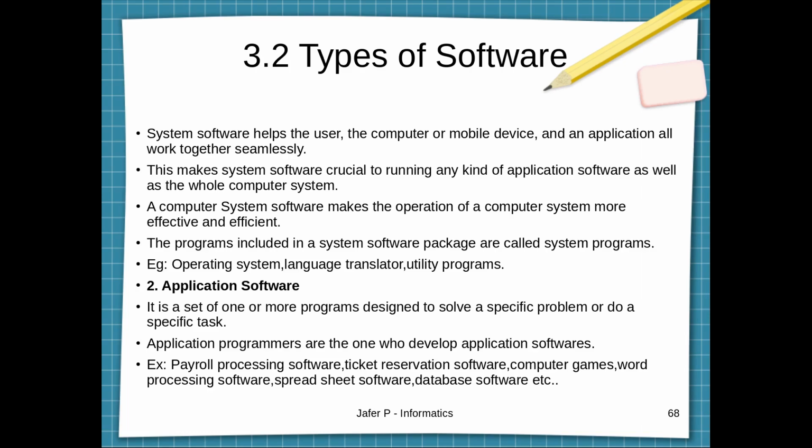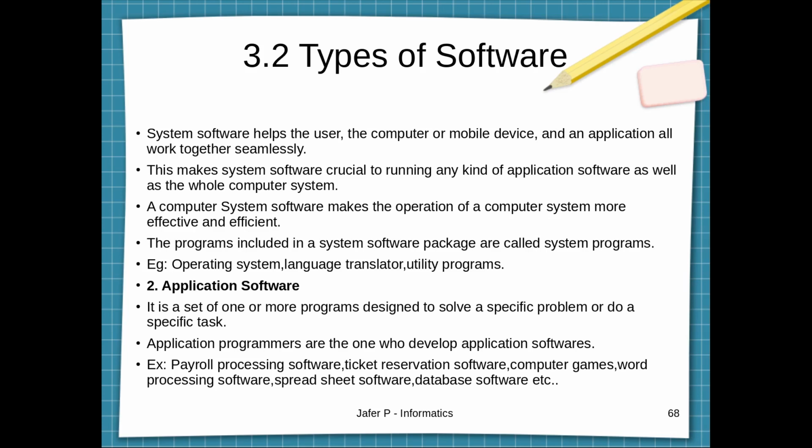The programs included in a system software package are called system programs. A computer system software makes the operation of a computer system more effective and efficient. A system software closely interacts with the hardware of a system.